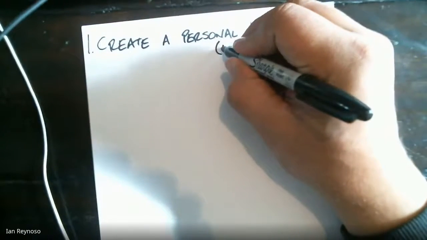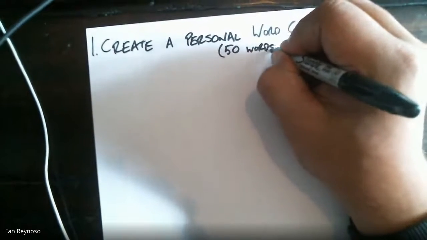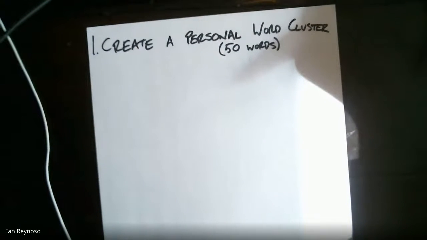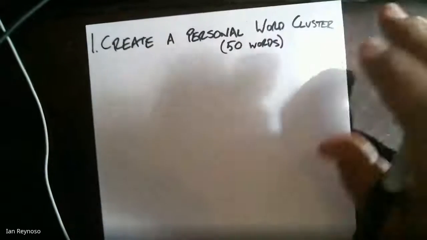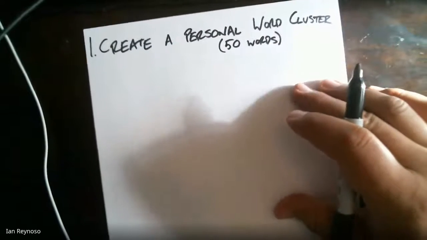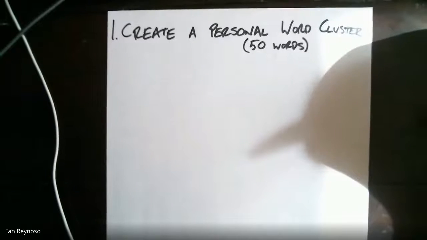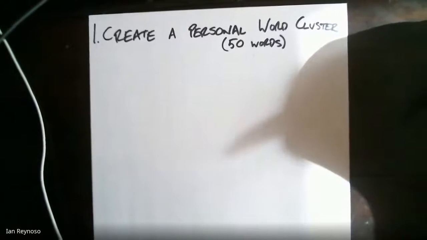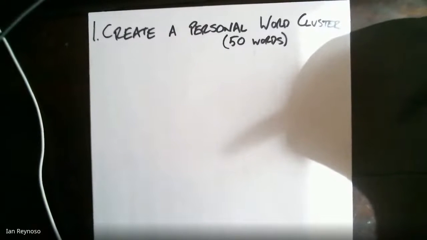It must have a minimum of 50 words. It's a lot. Don't worry. It's doable. You don't know what that is, but I'll go over it before we're done with class today. So number one, please write that down. Create a personal word cluster. And that will be posted as one assignment in our project.